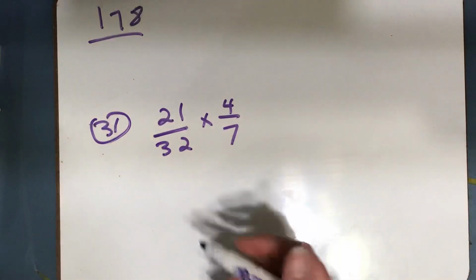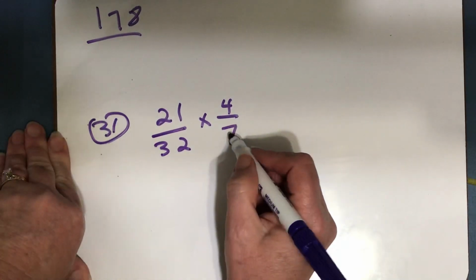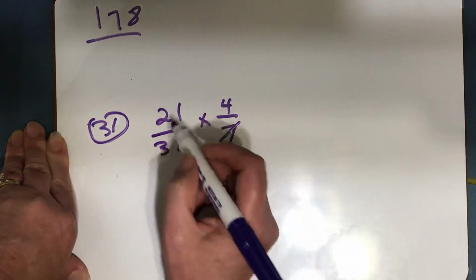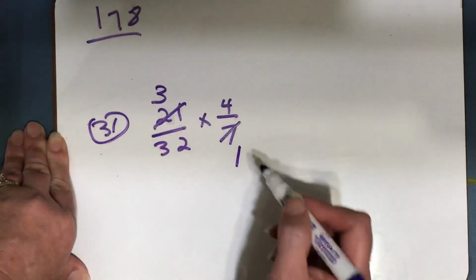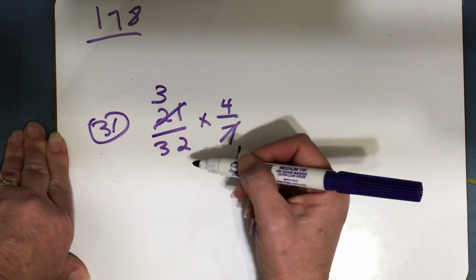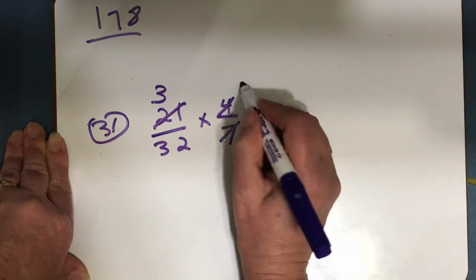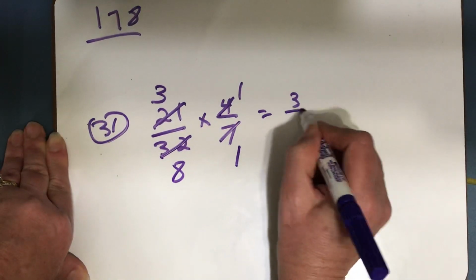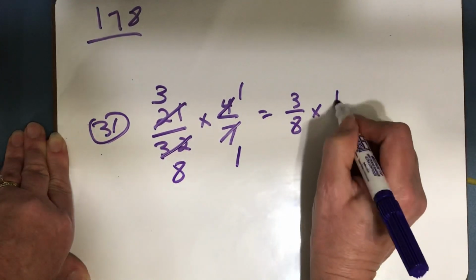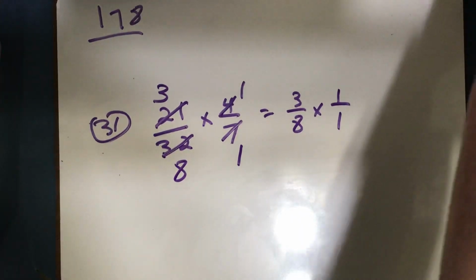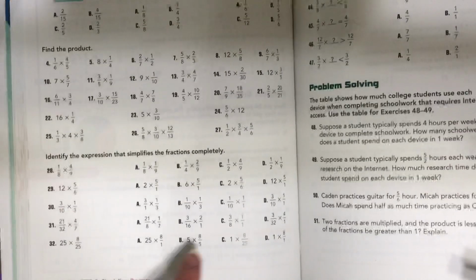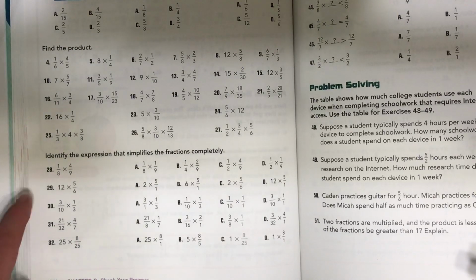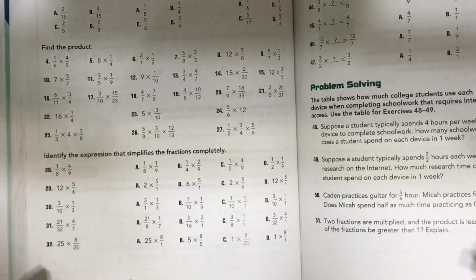So I know that 7 is a factor of 7 and 21. 7 divided by 7 is 1. 21 divided by 7 is 3. 4 is a factor of 4 and 32. 4 divided by 4 is 1. 32 divided by 4 is 8. So this would be 3/8 times 1 over 1. When I look at my choices, I see that C says 3/8 times 1 over 1. So that's what you have to do on 28, 30, and 32.